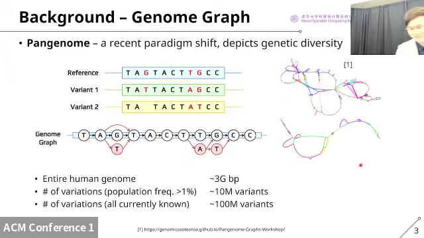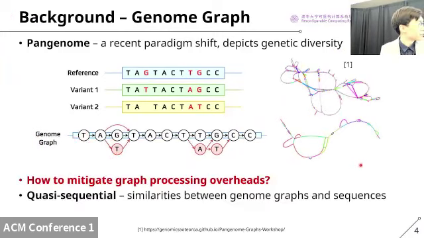So a real genome graph would look something like this. It's not exactly the same as some genetic graphs. As computer scientists, we are fully aware of what graph data structures and graph processing workloads do to our computing systems. It would be detrimental to the overall performance.